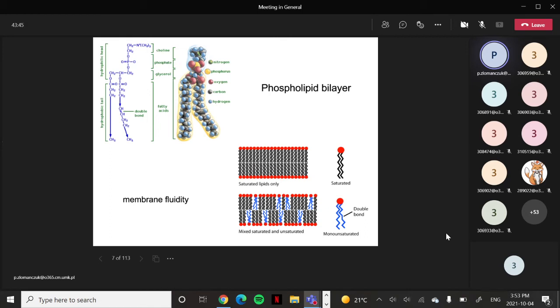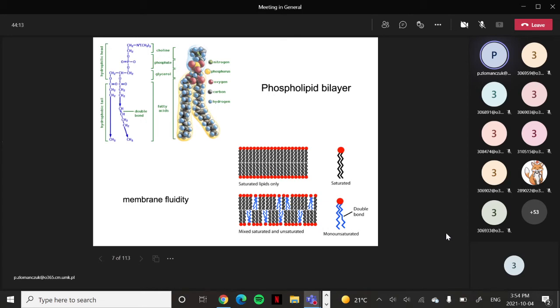So when this kind of molecule is moving within the membrane, it causes much more disturbance than saturated parts of the molecule. It's due to the fact that its reach is much larger and it is not flexible. It's relatively stiff. You can compare it to a fat and a thin person entering a crowded bus.